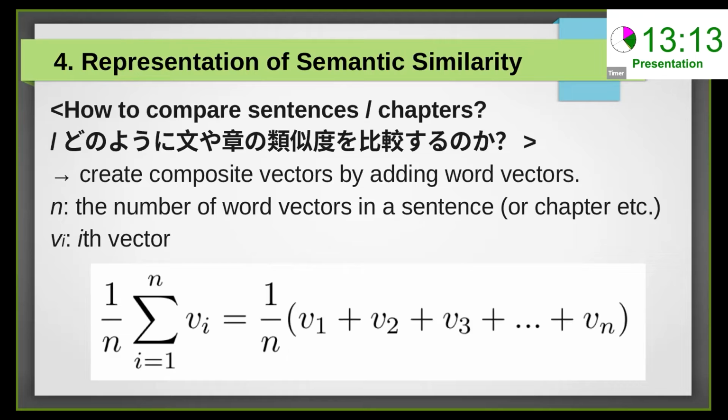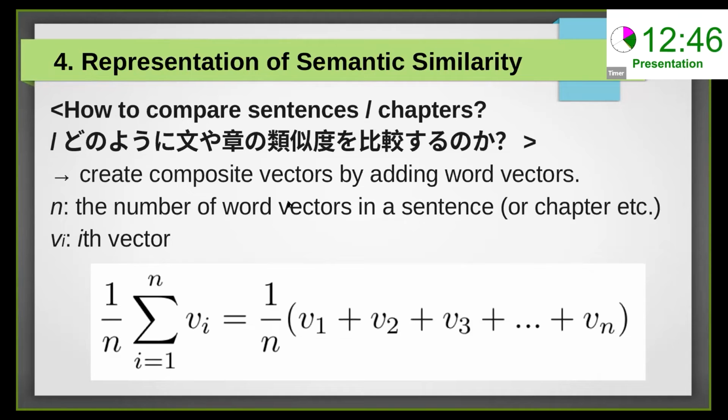It's quite simple, but there are many methods to create composite vectors. The way that I introduce now is, I would say, one of the simplest ways.